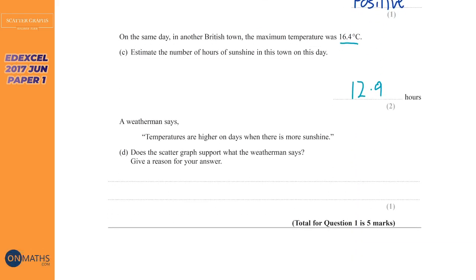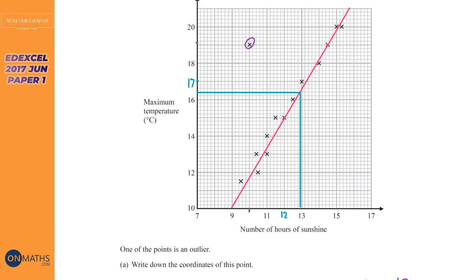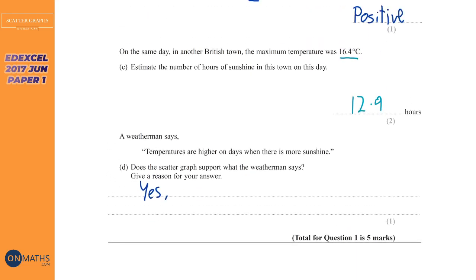So to answer this question, I would say something like yes, and something along the lines of most of the points for high temperature appear when there is the most hours of sunshine. I say most because we've got that outlier. So yes, most of the points.